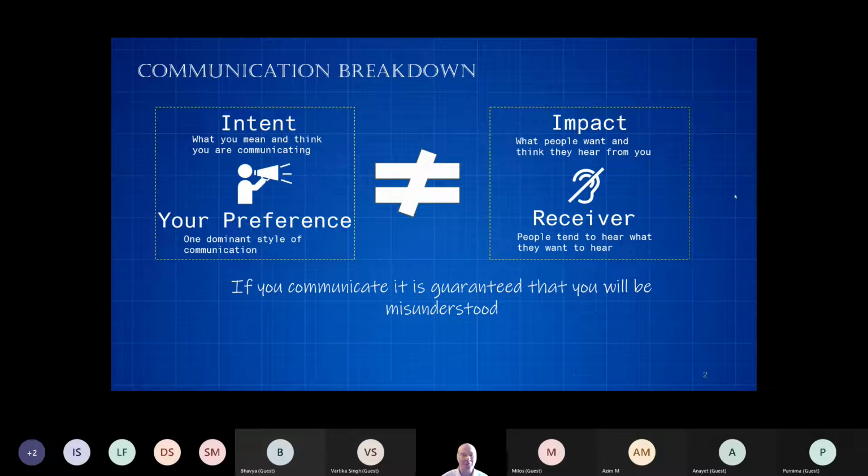We'll look for the things that we want to hear. I'm sure you've been in that situation with presentations, where you tend to pick out just the little bits of information that resonate with you. And so I can guarantee you, whatever you are communicating, the intent of that is not going to be fully understood by the receiver. And that's just a fact.